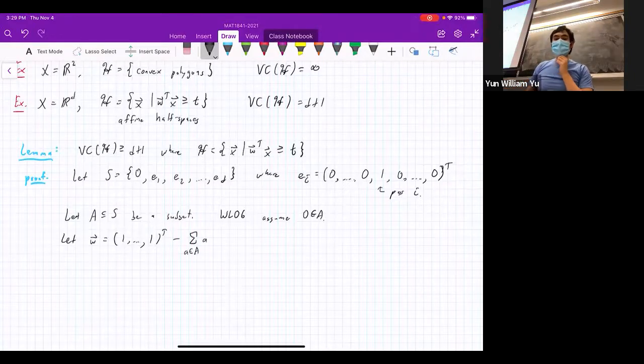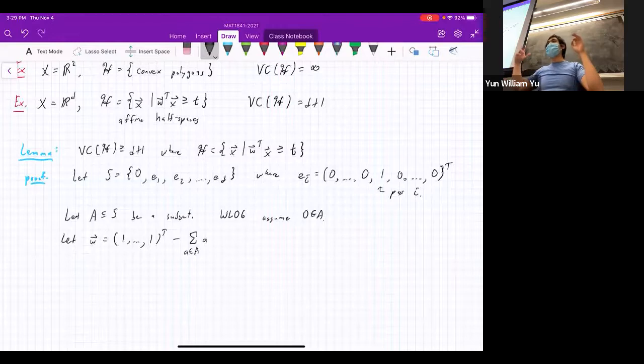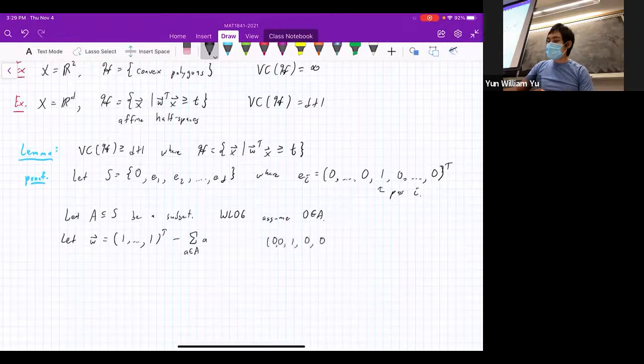So we're letting w have 1 everywhere that you don't have the corresponding element from S. This ends up being a vector of zeros and ones. For example, 1 is in A, but 3 is not. So that's our w vector.